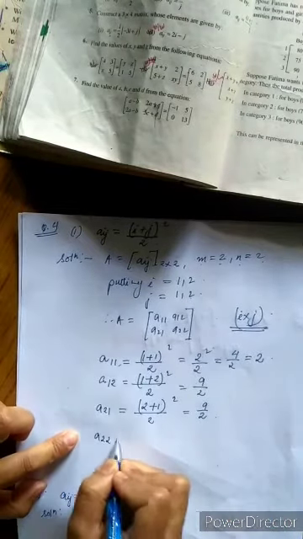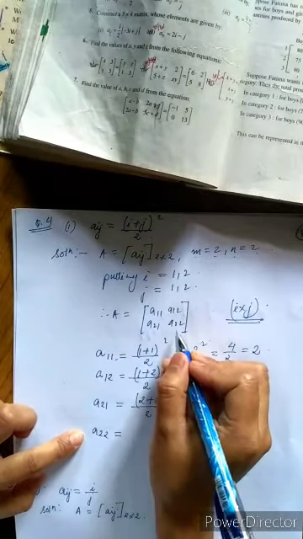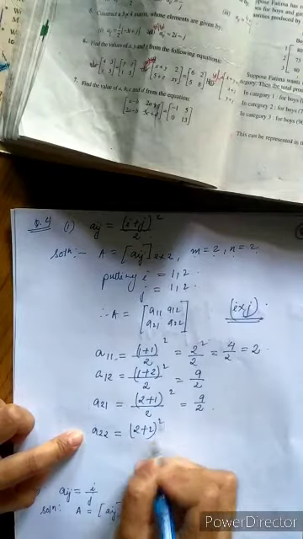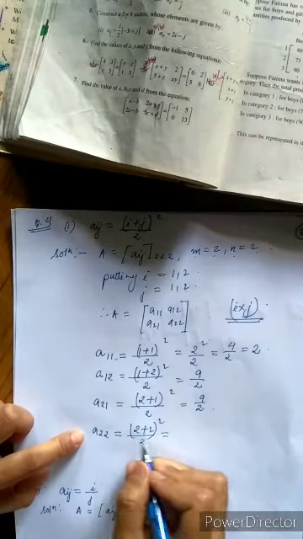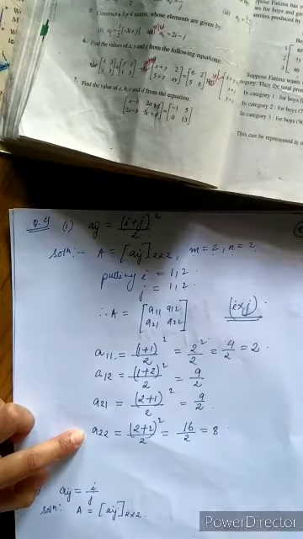And find the value of a22. Here the value of i is 2 and the value of j is equal to 2. (2 plus 2) whole square divided by 2. Since 2 plus 2 is 4 and the square of 4 is 16, 16 divided by 2 is 8.